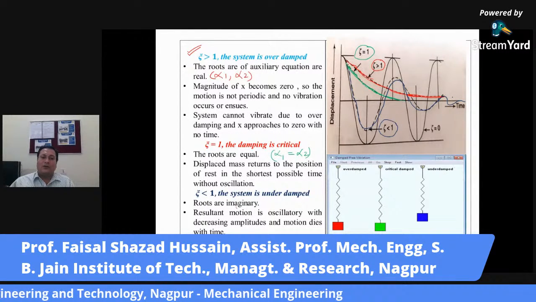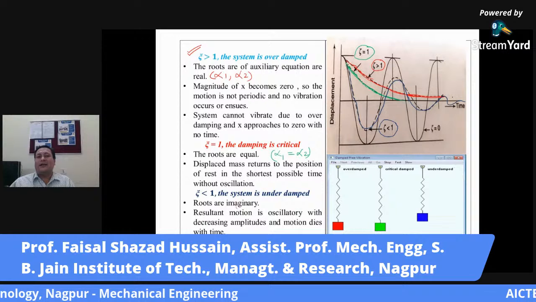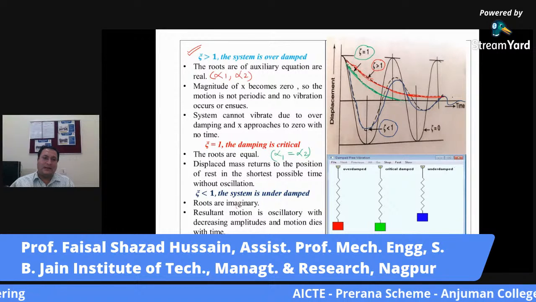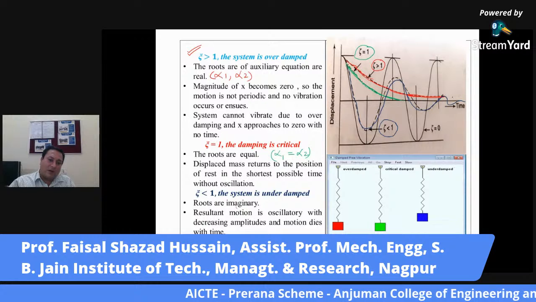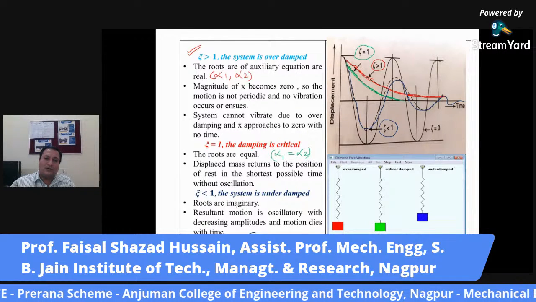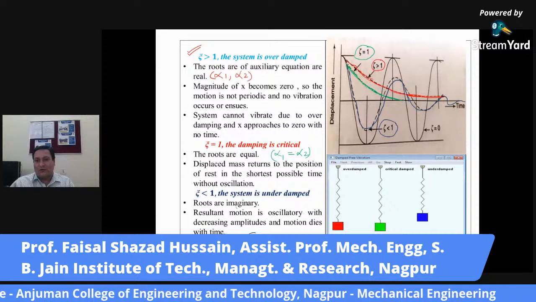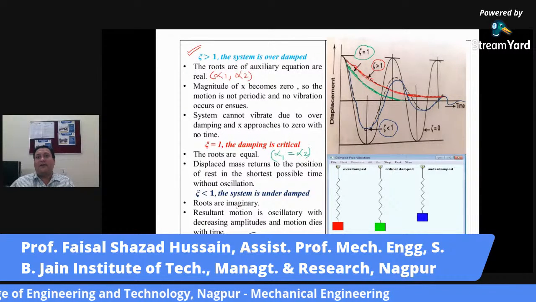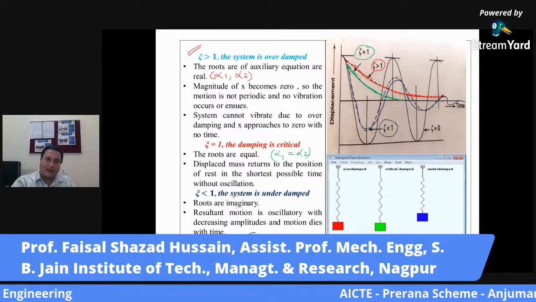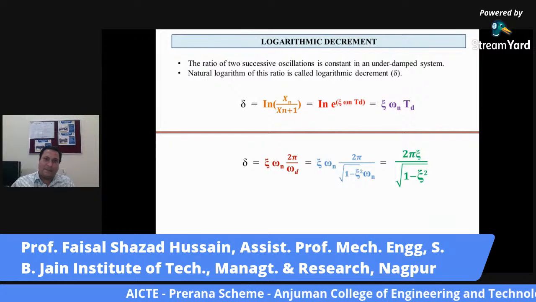So this is the third category when damping factor is less than 1. And what happens if damping factor equal to 0? If damping factor equal to 0, it means it is a free vibration. It is not a damped vibration system. It is a free vibration system. Okay, so now let us move to the next slide.